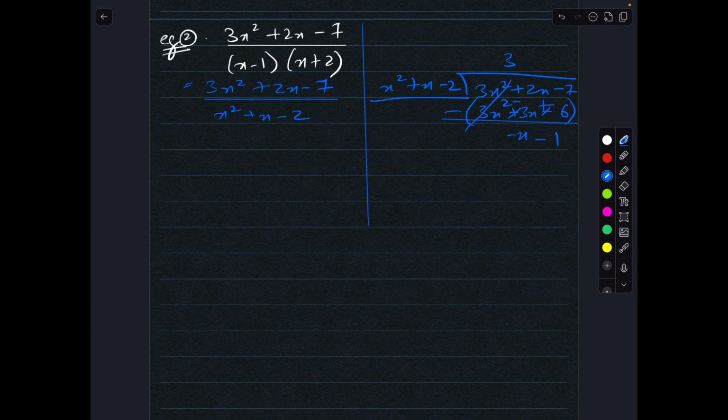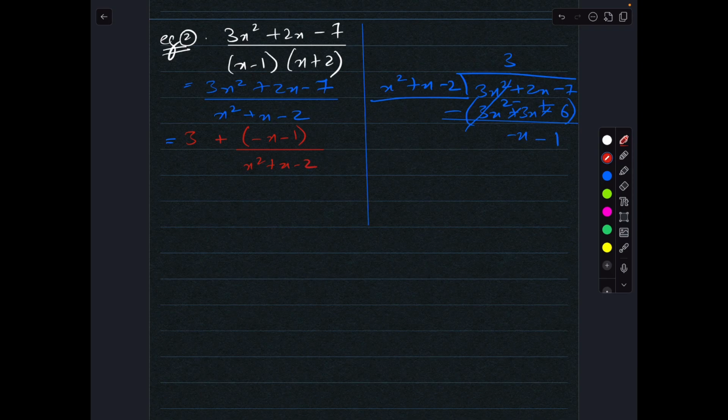So I can rewrite this as 3 plus minus x minus 1 over x squared plus x minus 2.